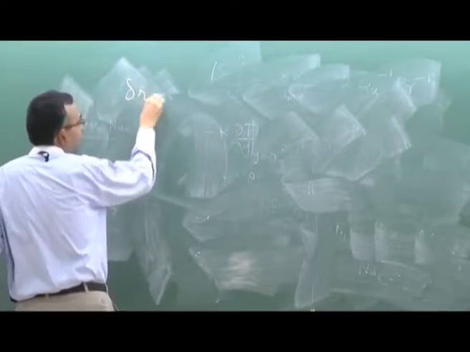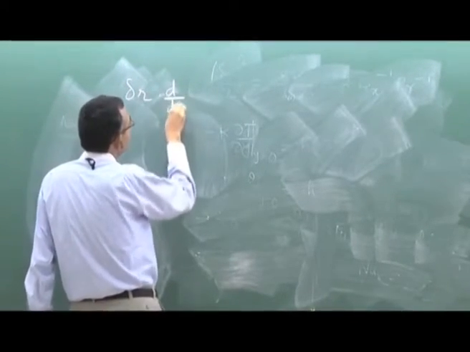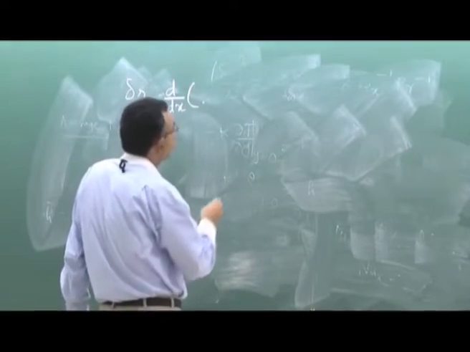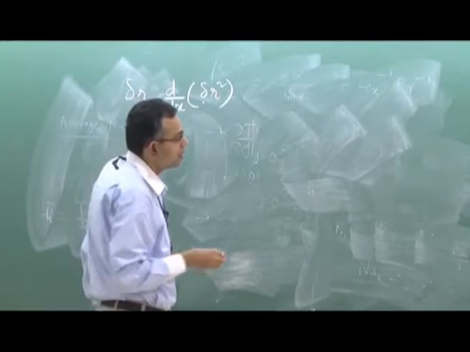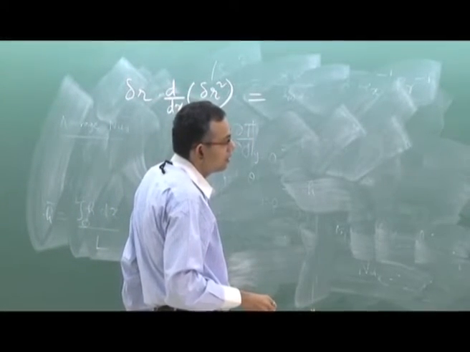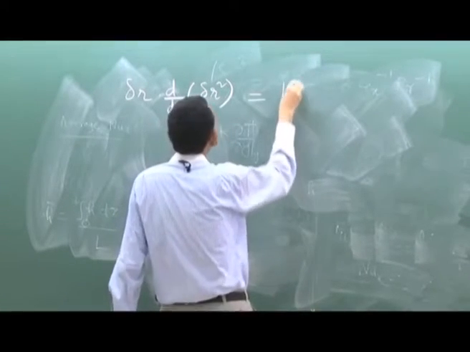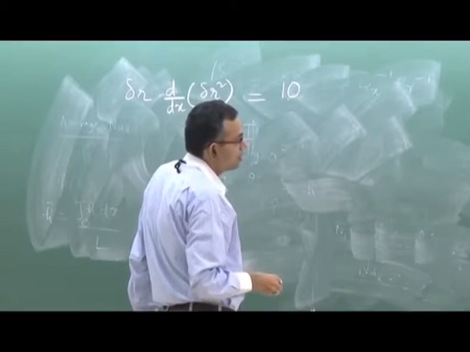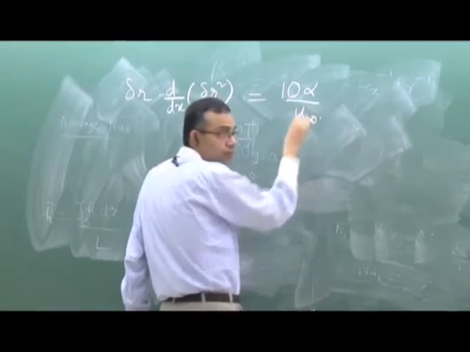So d dx of, so we can write delta R into d dx of delta R square is equal to ten alpha by U infinity.